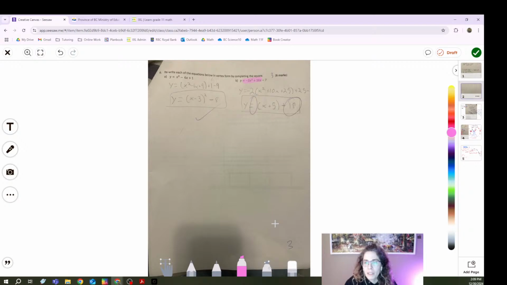Good. Can we divide 50 by 4? I'm just going to check. 50 divided by 4, 12.5, but okay, is what it is. All right, and so last but not least, what is our final vertex form? So you left your -2 there out.